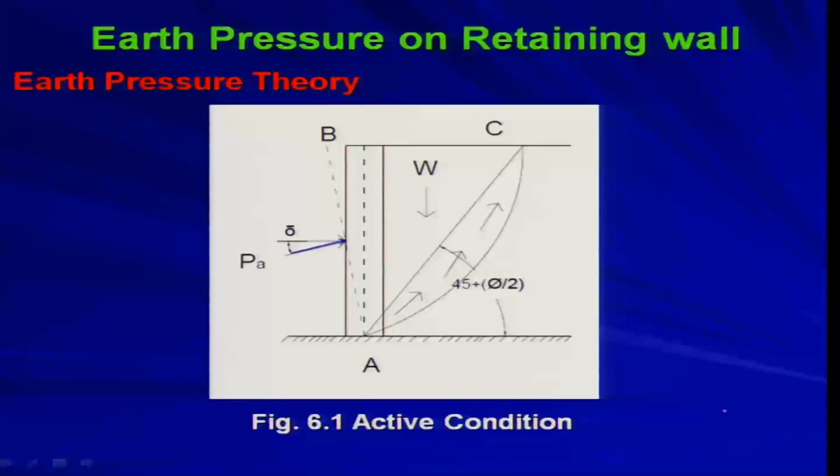Now, as I told you, in the active condition, you see this is the wall, say AB is the wall. Okay. Now, this is the center line of the wall as shown here. Now, this wall, if the wall is moving, there are several kinds of movement. This movement whatever is shown is rotation with respect to the base.